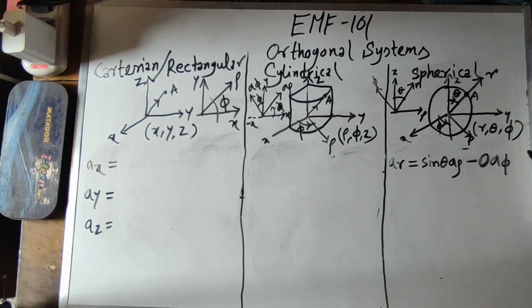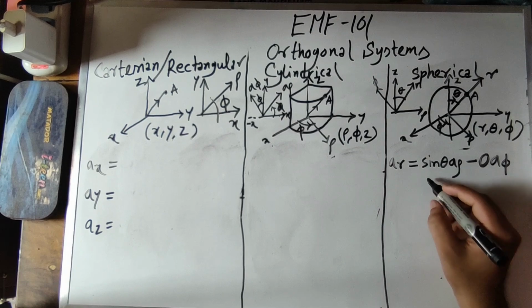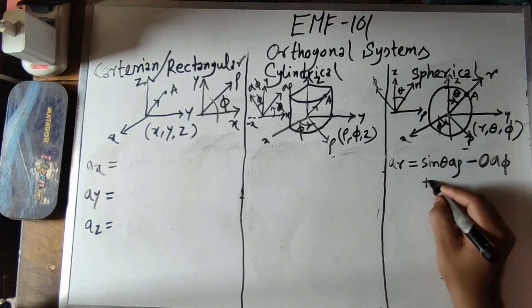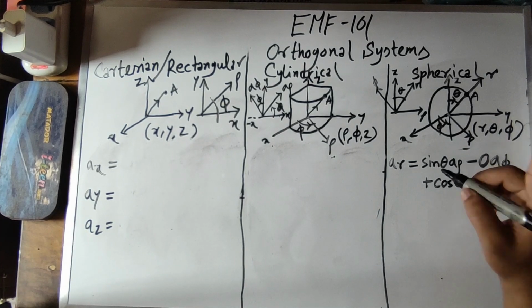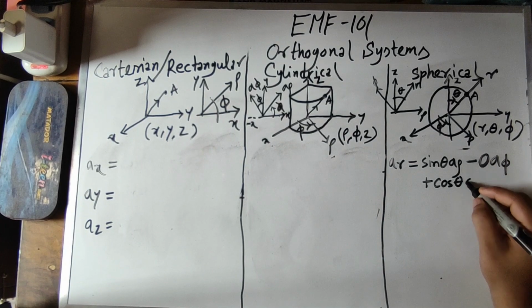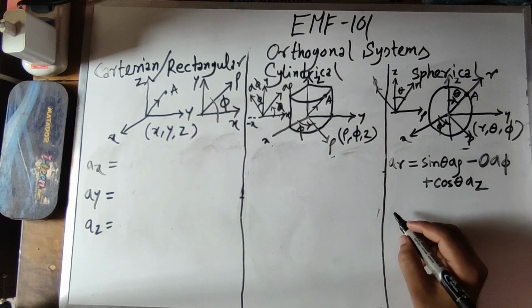Now in terms of z, we see that from this, z has cos theta component, so cos theta in the direction of z, with unit vector az.